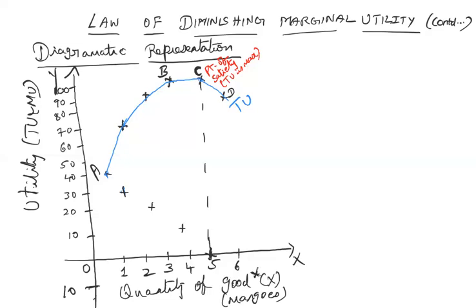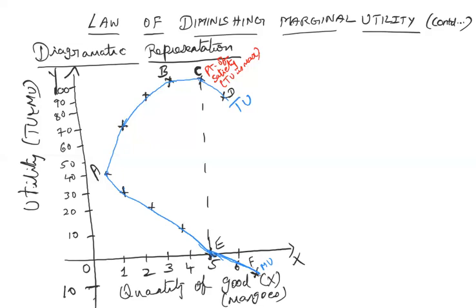This is the satisfaction the consumer is deriving. Now again join this. It should exactly coincide here. That's why I said you draw using the scale and pencil. This is the marginal utility curve. Let me mark here. Already up to D is over. This is point E and this one is point F.